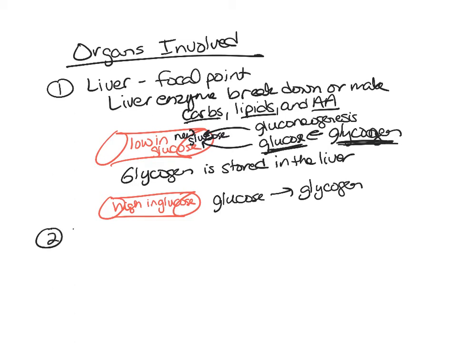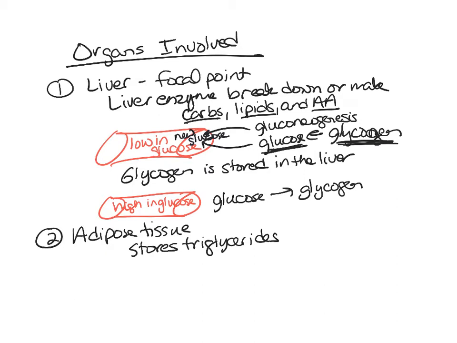Another tissue is adipose tissue. Adipose tissue stores triglycerides. Adipose tissue is found in areolar tissue that's right under the skin. It's found in the mesenteries surrounding the intestines. It's found in the bone marrow, and it's found in epicardium. So it's in plenty of places.